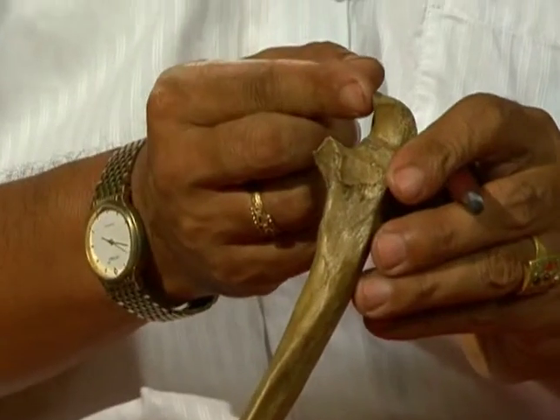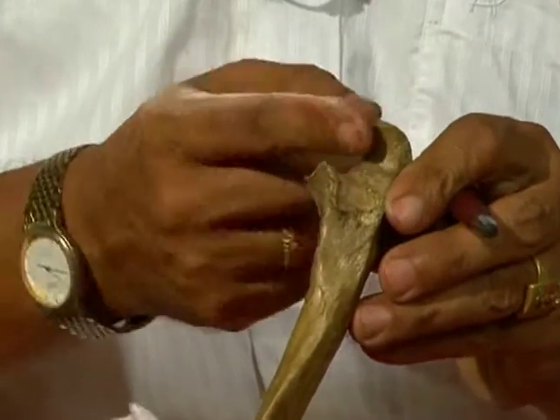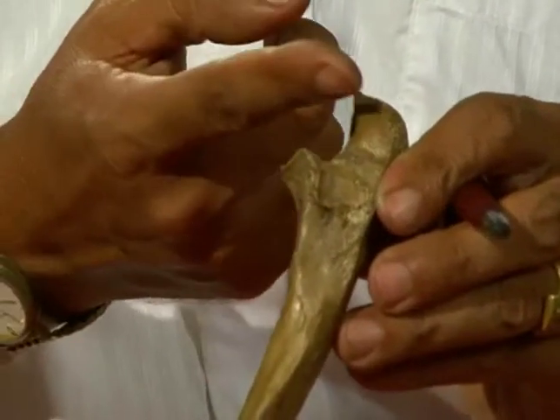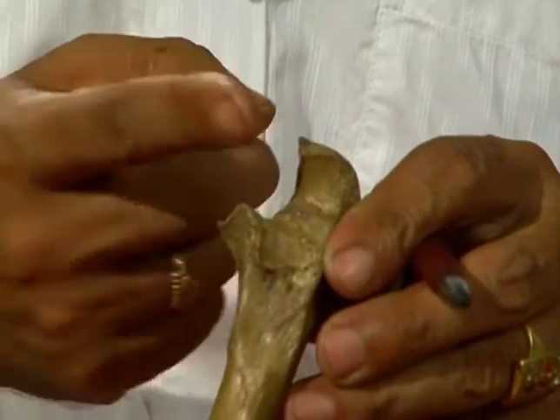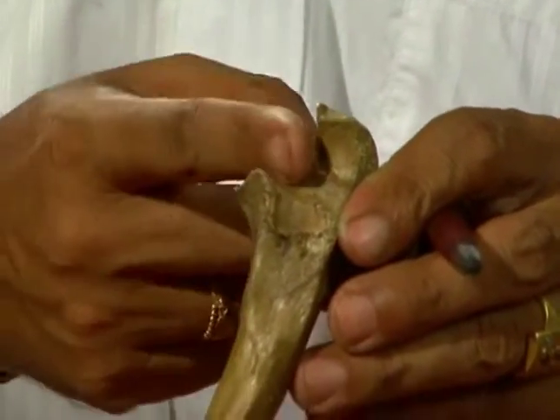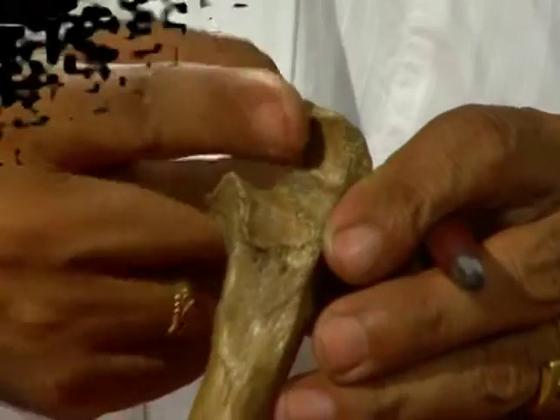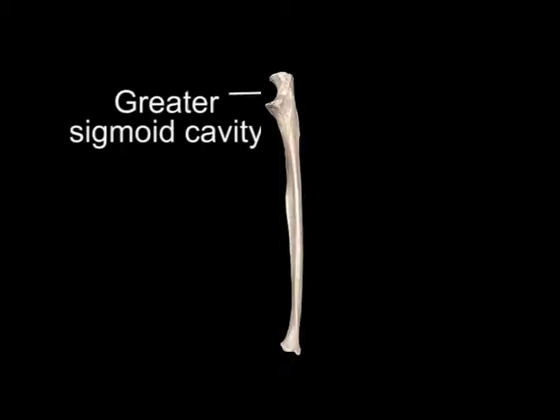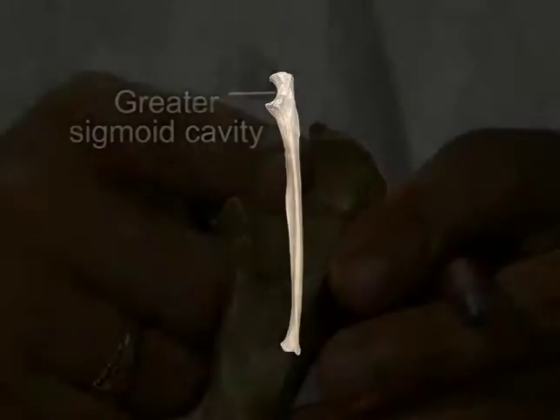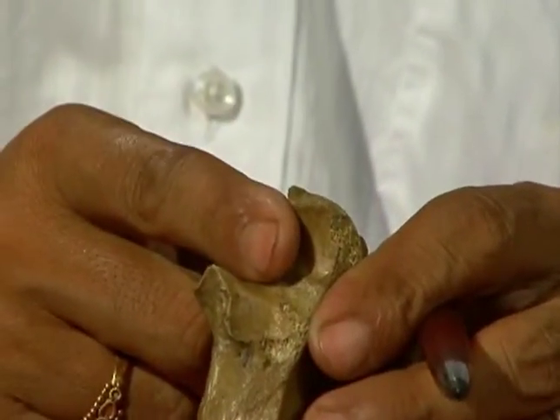Underneath this curved process there is an articulatory surface, which we call the greater sigmoid notch.